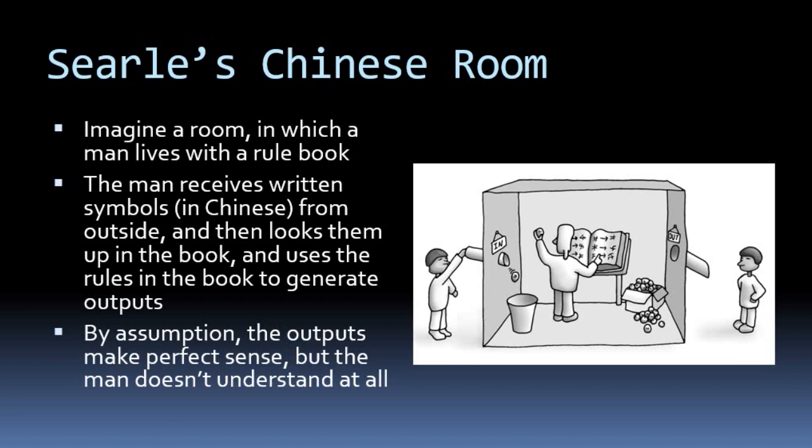The intuition that Searle's trying to get you to have is that there's no understanding going on here, despite the fact that it's passing the Turing test. This is exactly the Turing test, right? Symbols come in, symbols go out. For the people on the outside, it's a perfectly reasonable conversation, but there's no understanding. He wants you to think there's no understanding happening.